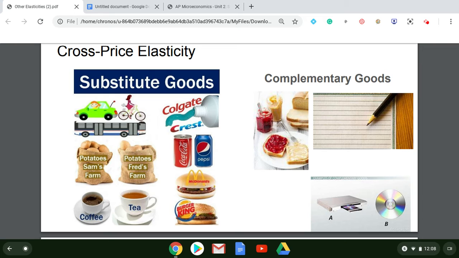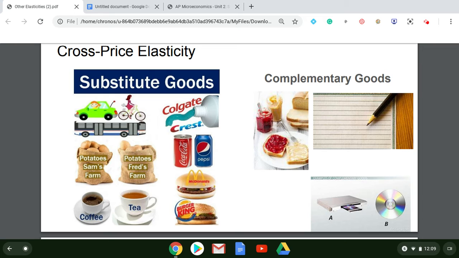Complement goods, look to the right here. These are goods that are consumed together. Often people eat peanut butter with jelly, so you call those complement goods. Doesn't mean everyone does, but typically you would. A lot of people do consume those together. The other two examples here are pretty close complements.